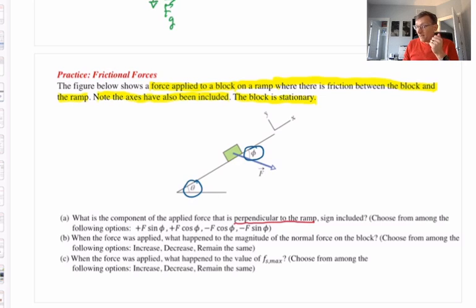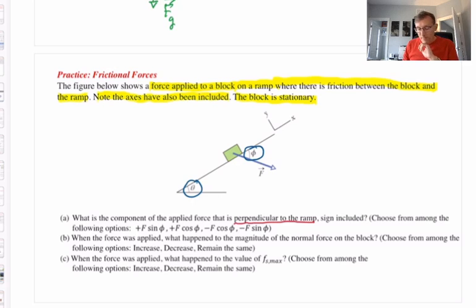It's either x or y. Choose from among the following options: positive magnitude F sine phi, positive magnitude F cosine phi, negative magnitude F cosine phi, negative magnitude F sine phi. In essence, you need to be able to draw the component triangle for that applied F, and tell me which one of the components is the component that is perpendicular to the ramp.